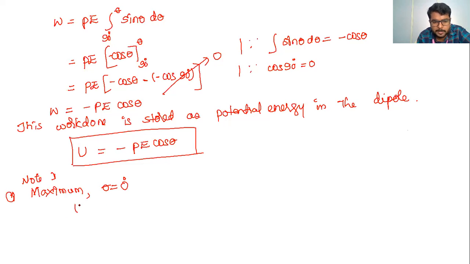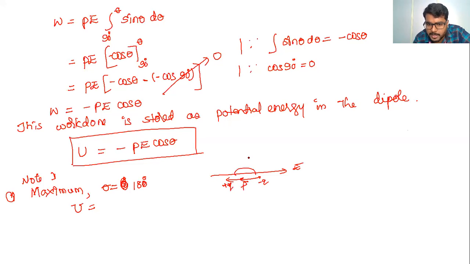So theta is equal to 180 degree. This is the electric field direction, and this is plus q and this is minus q; the dipole moment is like this.